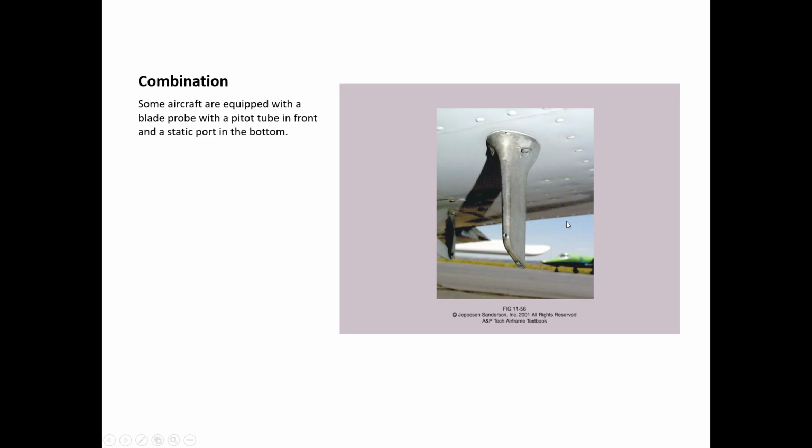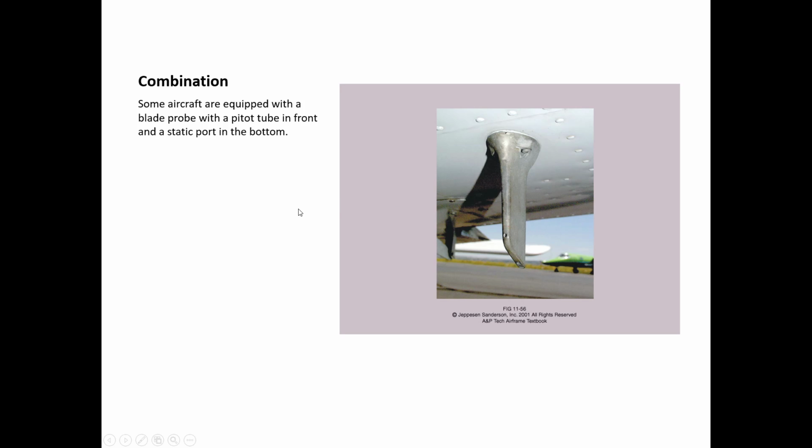Apparently there's a slide here that shows that there's combination pitot-static. In this illustration, apparently the pitot tube is in the front of this little fin here, and the static port is on the bottom.